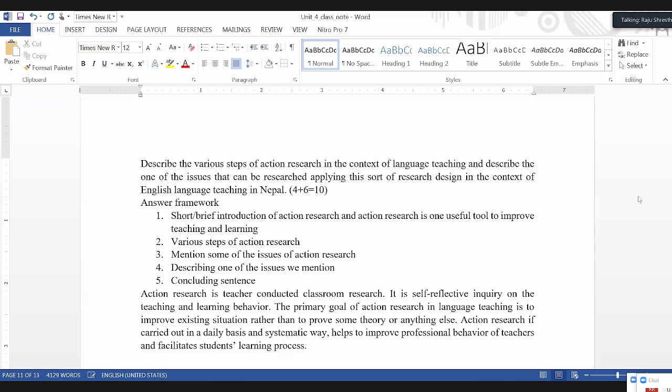Now this is the introduction part. Now the second part, we go to the various steps of action research.